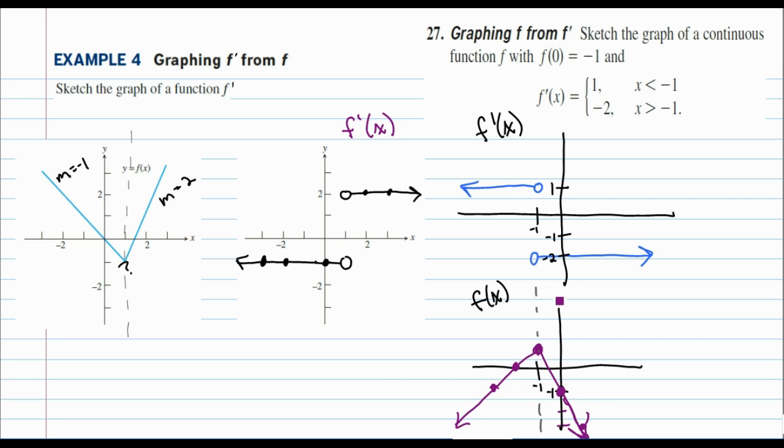So now I've drawn a continuous graph of f with f of 0 equals negative 1 right there. The slope where x is less than negative 1 is positive 1, going up to the right, 1. And the slope where x values are greater than negative 1 is negative 2, down 2, right 1, down 2, right 1.